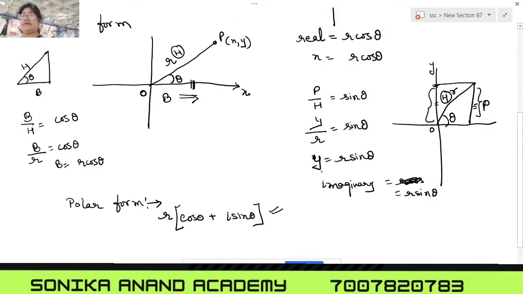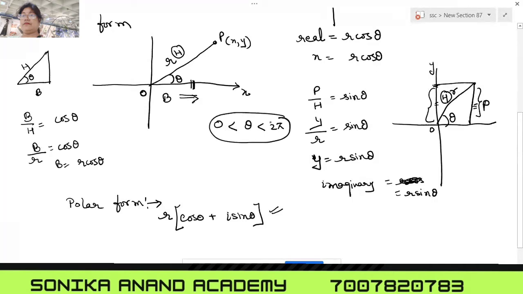There's one condition also. I am opening your textbook, page 106. There are polar representations, figures 5.5 and 5.6. So if the angle is between 0 to 2 pi, clear?